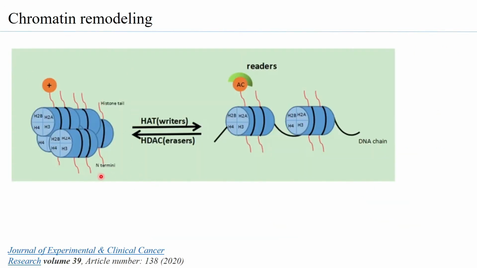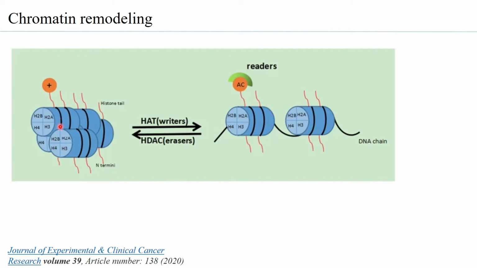Now, taking one example, let's say you have a highly compact DNA, and you can see over here that the histone tails have not been modified. So the histone tails have a net positive charge because they have a lot of lysine residues, and lysine being a basic amino acid gives a net positive charge. Because of this net positive charge, it is able to bring in DNA to wrap around the octamers.